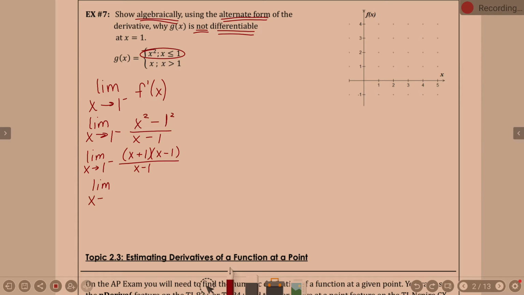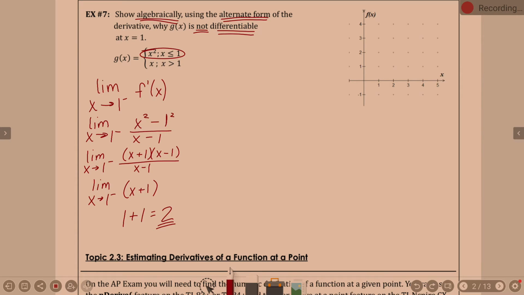The x minus 1's cancel, and we end up with the limit as x approaches 1 from the left of x plus 1. When we plug in 1 there, we're going to get 1 plus 1, which is 2. Okay, that was the left.